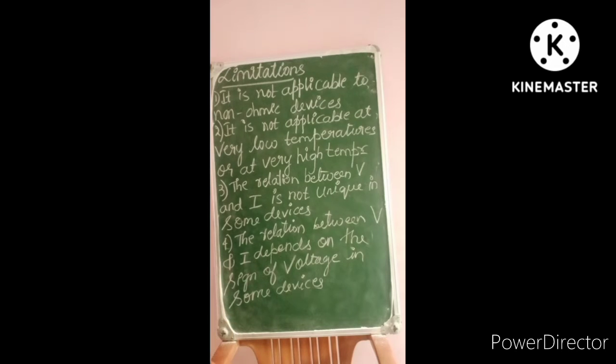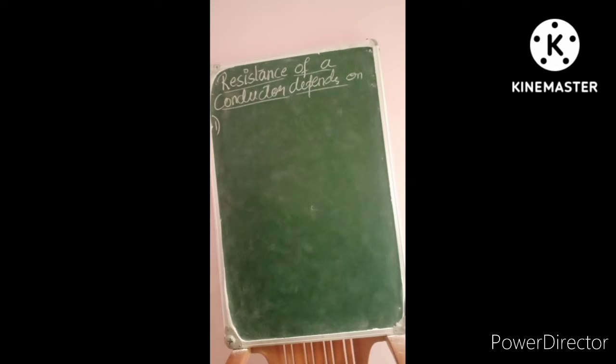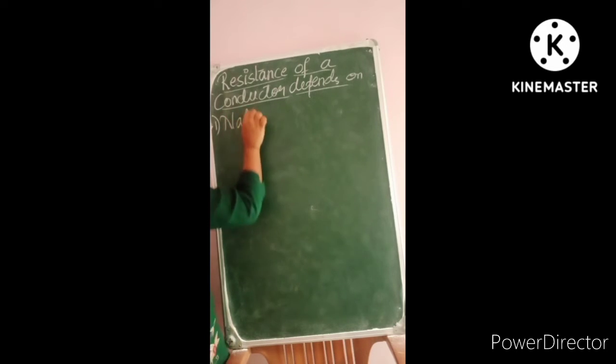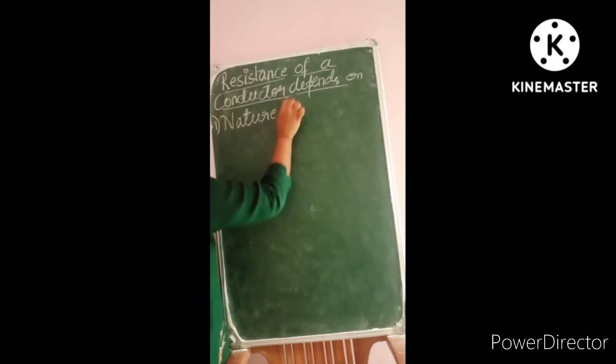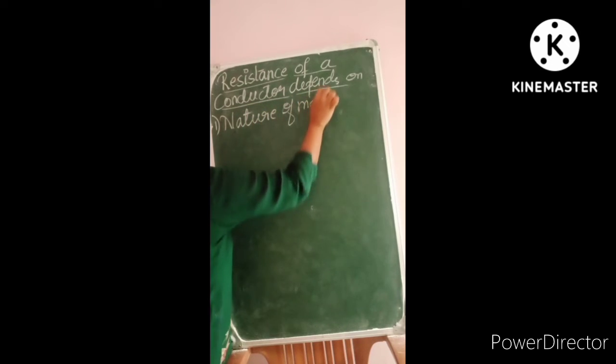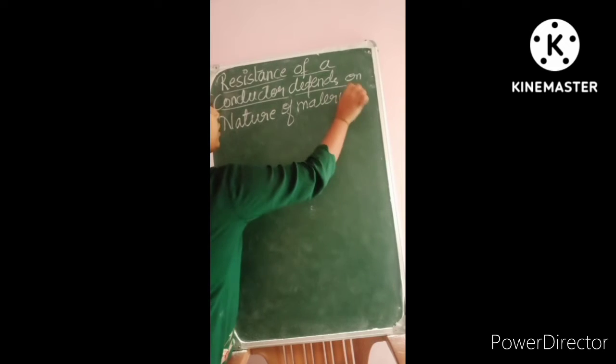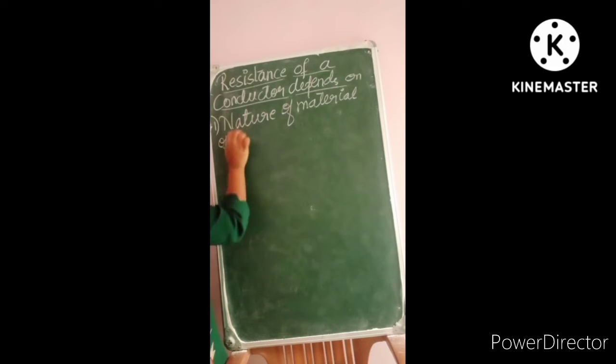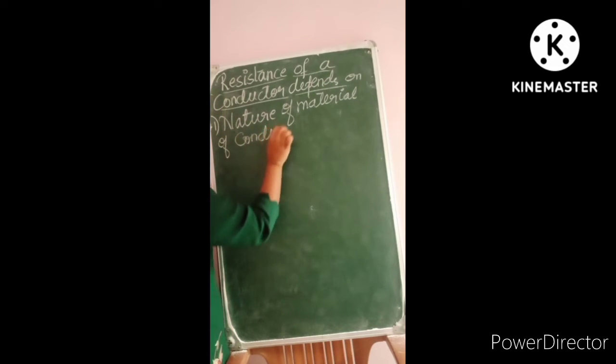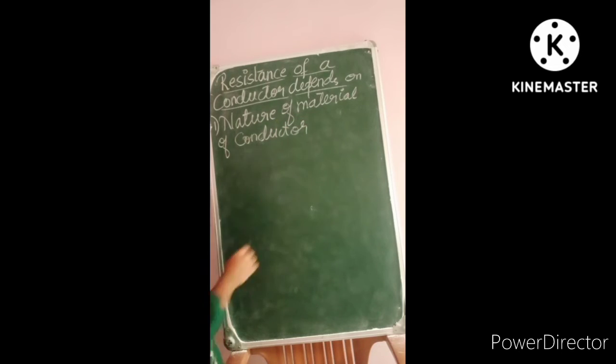Next, we are going to study the factors on which the resistance of a conductor depends. The first factor is the nature of the material of the conductor.